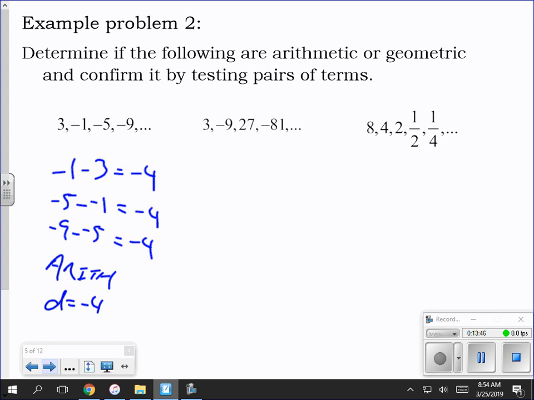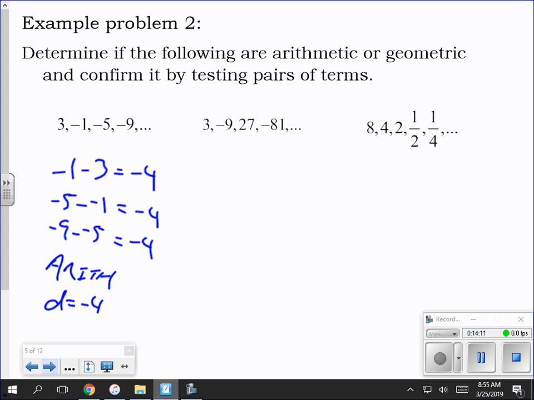If I look at the next one, I'm changing signs every time. That's not going to be arithmetic. The best that could be is geometric. And it looks to me like I'm multiplying by -3. Now, to check it: with arithmetic I subtract each time; for geometric, I would divide each time.